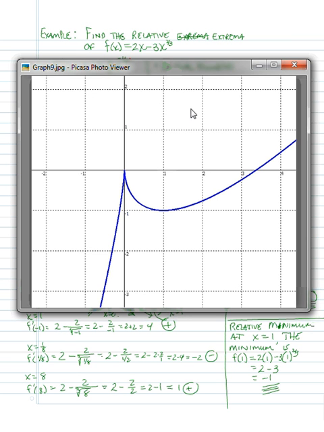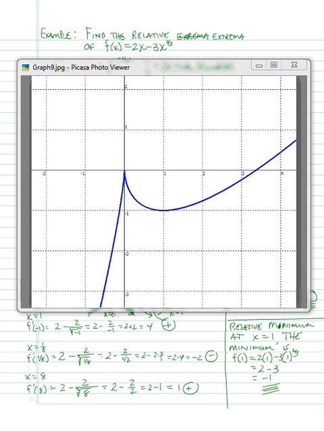And when we did our work, let's remember that we found a critical number at 0, that x value, and we had found a critical number at 1. And the critical number at 0 came from the x value where the derivative was undefined. And you see that fits with our graph here.